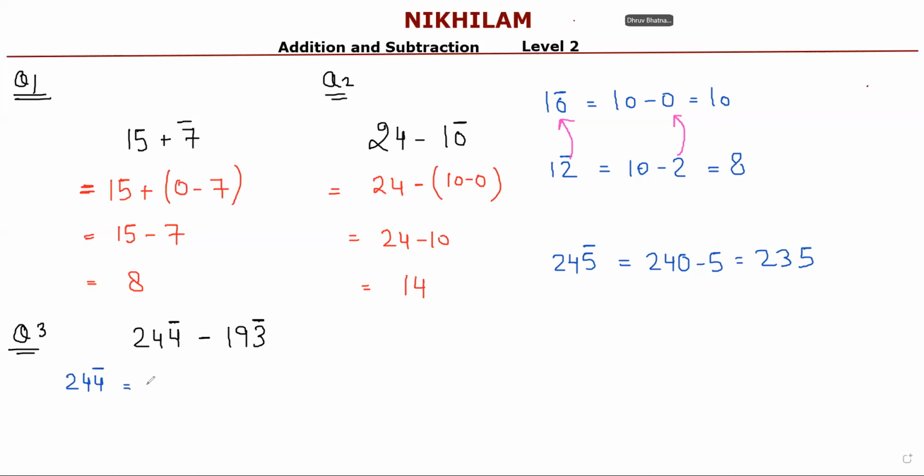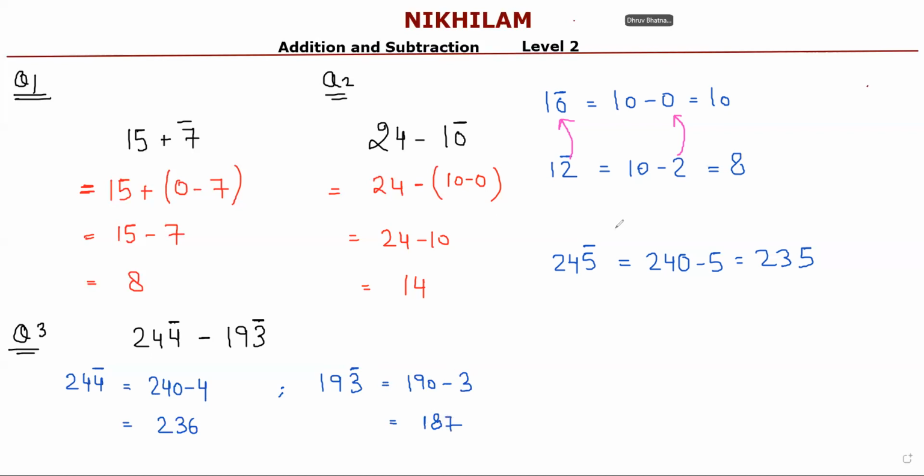Only this one I'm doing right now. So this is 240 minus 4, that is 236. And then the second number is 19 and 3 bar. So it is 190 minus 3. That is 187.